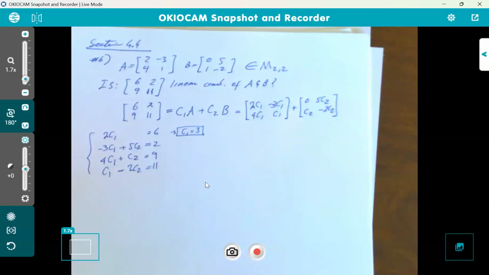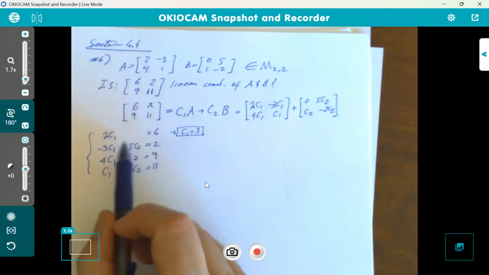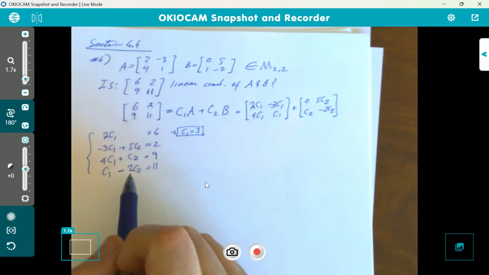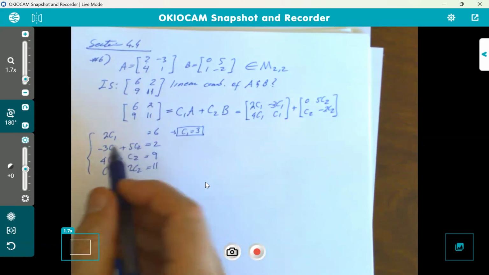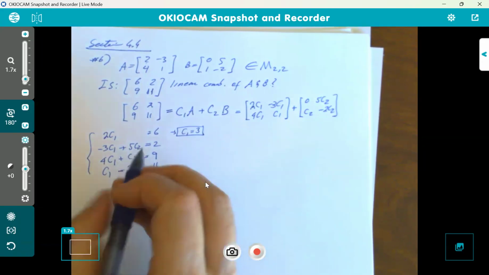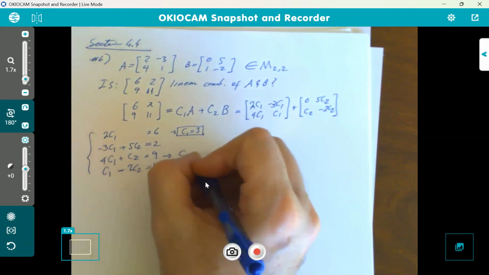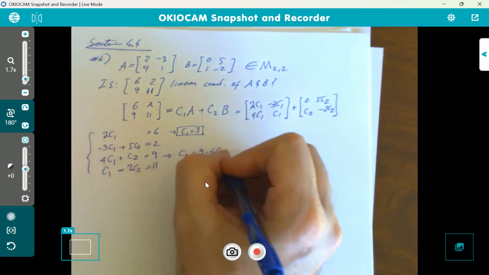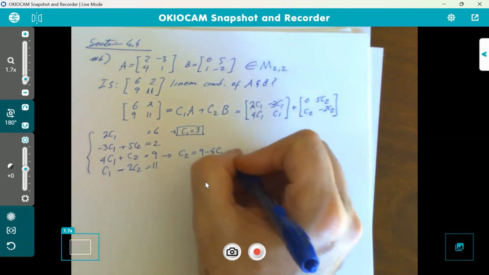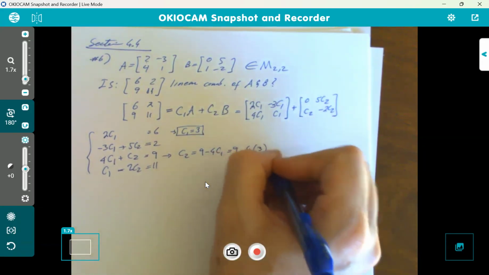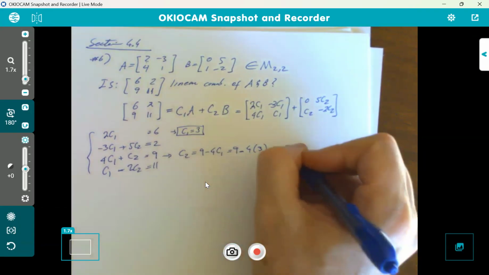Cool. Now I need to solve the system, right? So notice the first equation says C1 is 3. Now if I have C1, let's solve for C2. For example, C2 is 9 minus 4C1, correct? So that means 9 minus 4 times 3. 12, 9 minus 12 is negative 3.